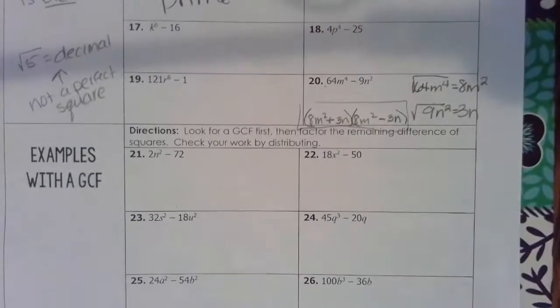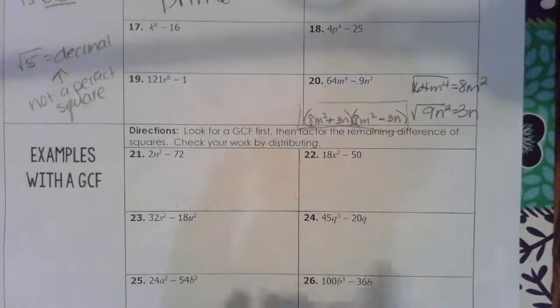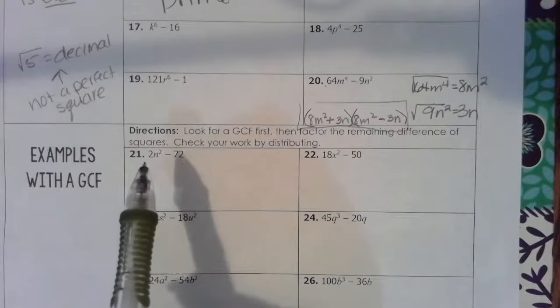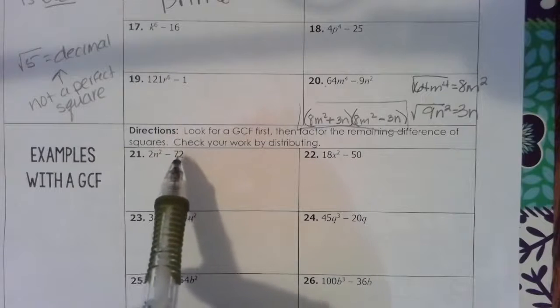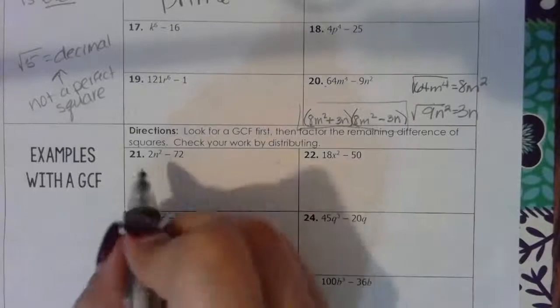Okay, these next ones have a greatest common factor. So look for a greatest common factor first, then factor the remaining difference of squares. You can always check by distributing. Notice we have 2n squared minus 72. If you try to take the square root of 2 and the square root of 72, you'd get decimals on both.